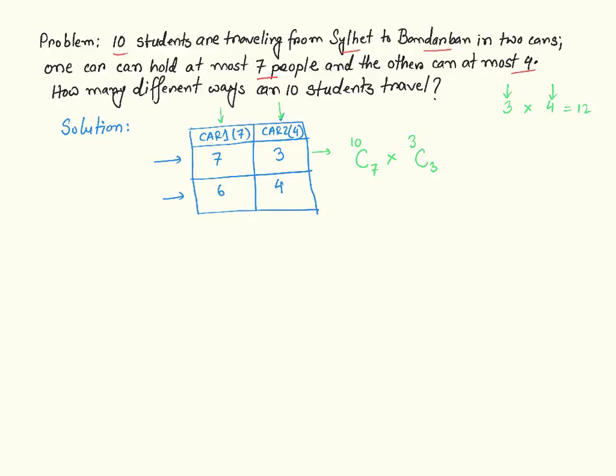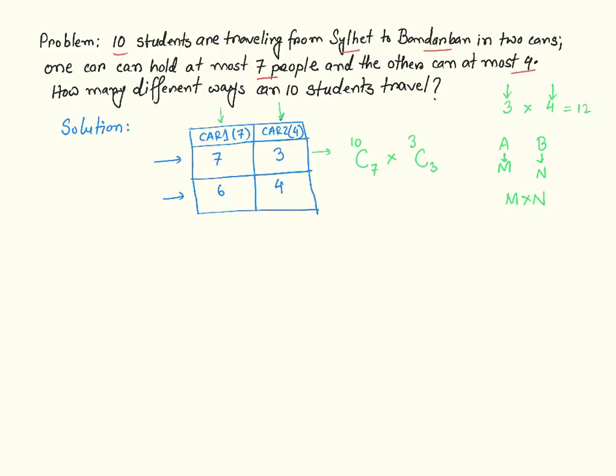Together, they can happen in 3 times 4, 12 different ways. This is an example of the fundamental rule of multiplication. If event A can happen in m different ways, and event B can happen in n different ways, these are 2 distinct independent events. Together, they can happen m times n different ways. Just a side note on this one.